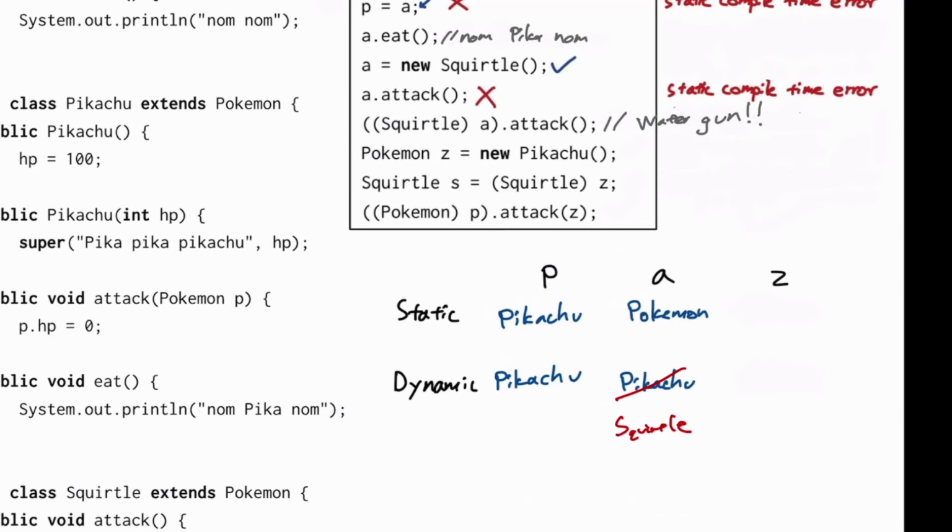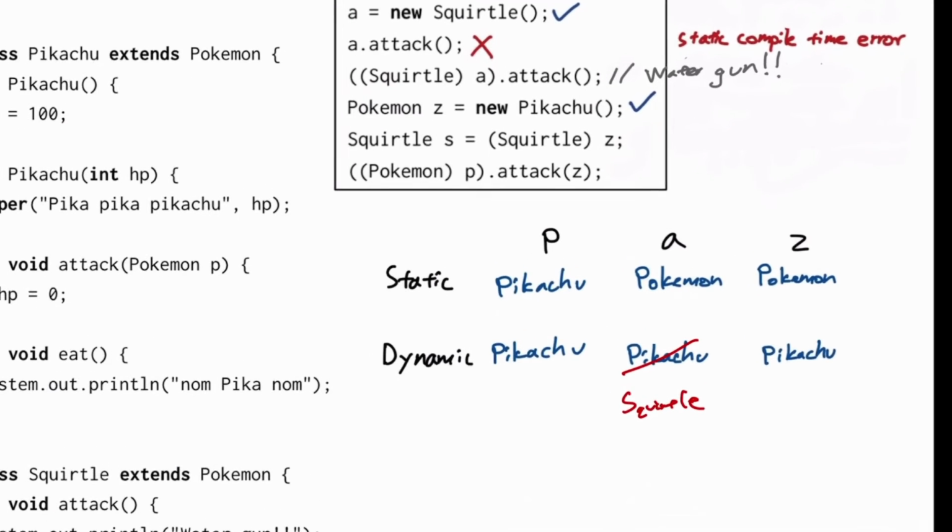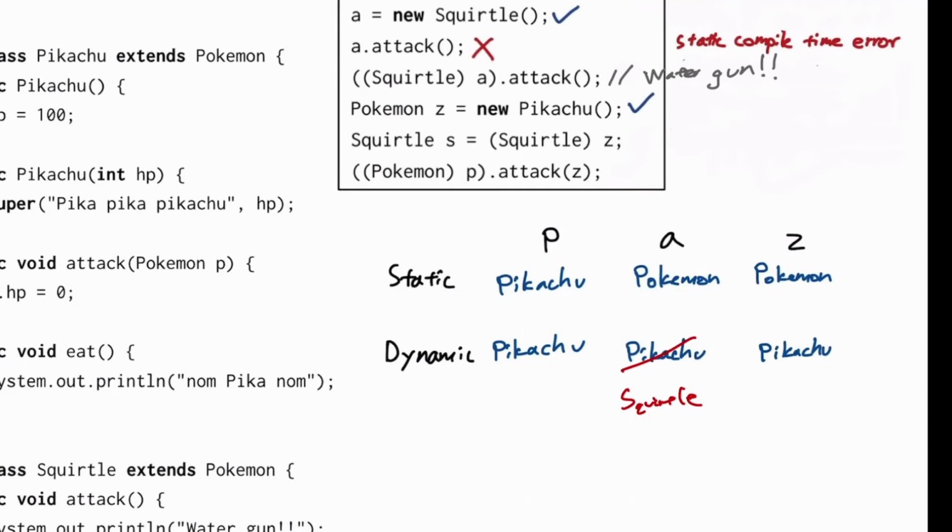Alright, in this line we're introducing a new variable z with static type Pokemon, and we're creating a new Pikachu object, so the dynamic type is going to be Pikachu as well. This line runs with no issues, the same reasoning as previous lines. Now, we're looking at this line in the eyes of the compiler.